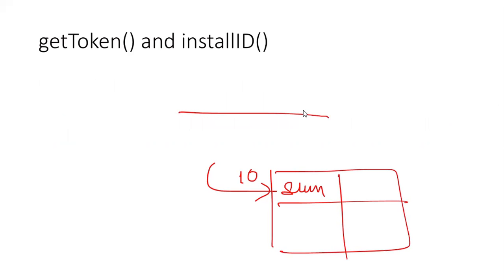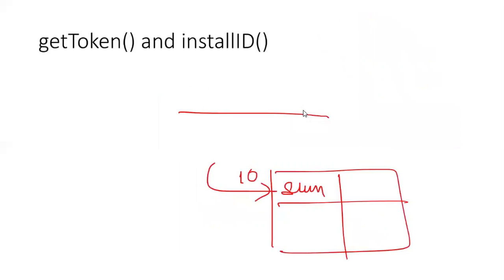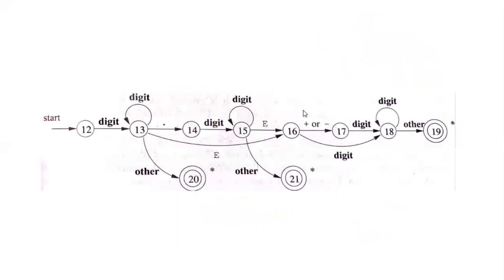So again, if we go back here, sum, it returns ID and it will return 10. So install ID will return 10 because 10 is the pointer to the entry in the symbol table for the variable sum. So this is for your identifiers. Same way you can get also for digits.